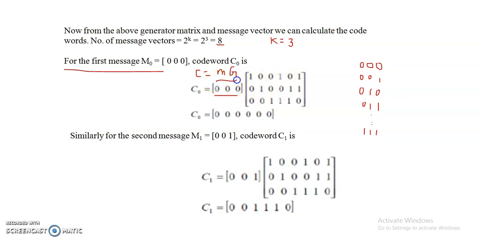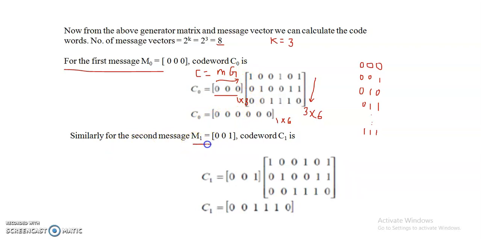Now you can do the matrix multiplication, row into column. As the size of the message vector is 1 by 3 and the size of the generator matrix is 3 by 6, the size of the code word will be 1 by 6. You just perform the matrix multiplication and you will get this code word.